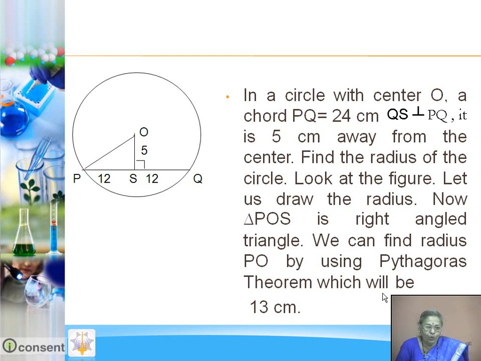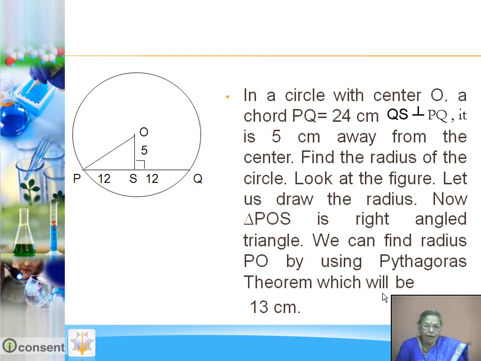The property you have to use is that the perpendicular drawn from the center of the circle bisects the chord. Now here the chord will be bisected and each segment will be 12 centimeter.